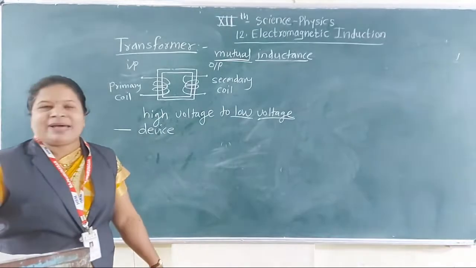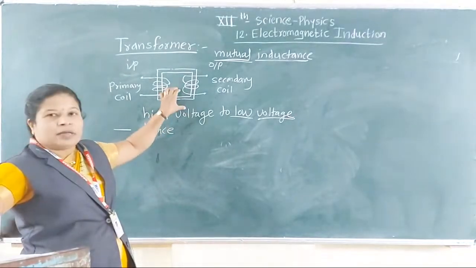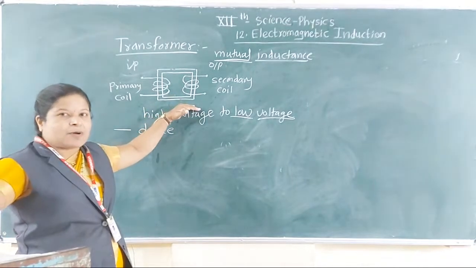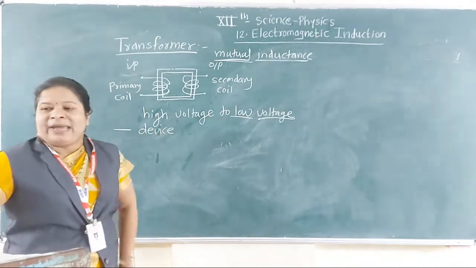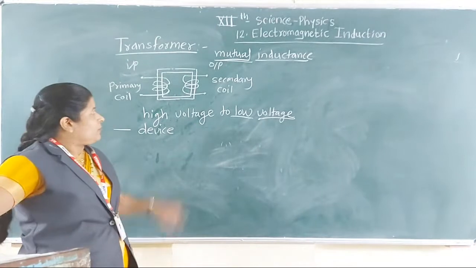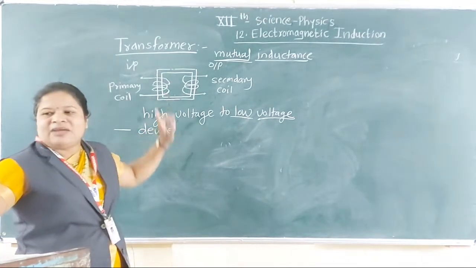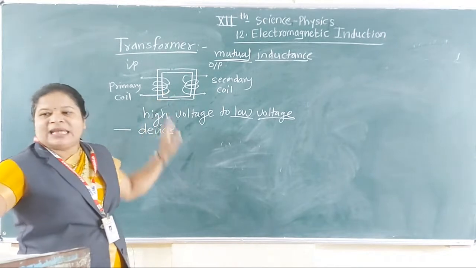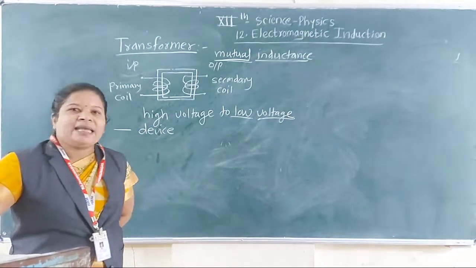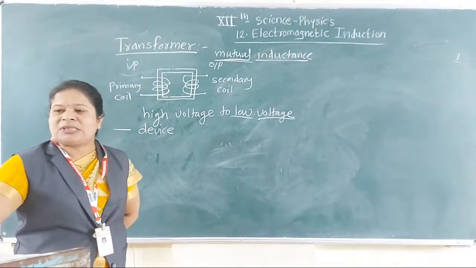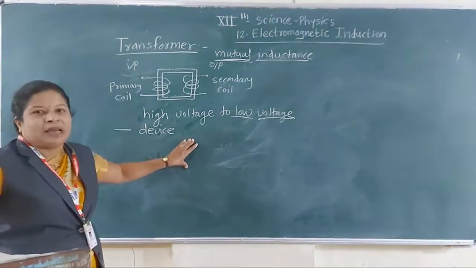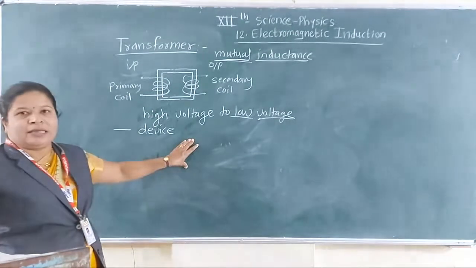So what is the working? Now we are going to see the working of this transformer. Whenever the magnetic flux linked with the coil changes, an EMF is induced in the neighboring coil. This is the basic principle of mutual inductance.